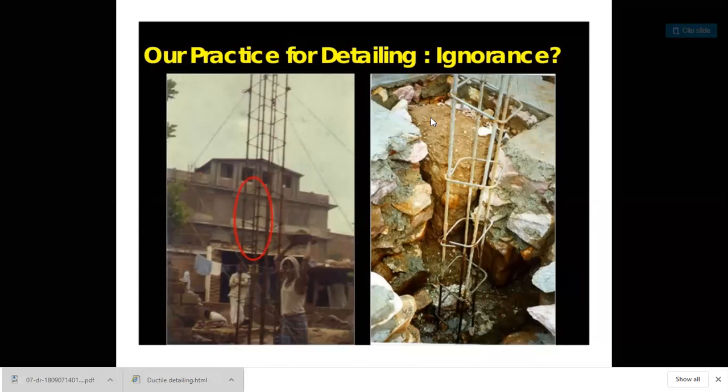If they are bent, then our column will not become a vertical member. Some bending will occur, and as far as ductile detailing of RCC members is concerned, if such types of lapses occur, our building will not be able to resist such types of dynamic load. So we should take care while planning and while constructing our building.